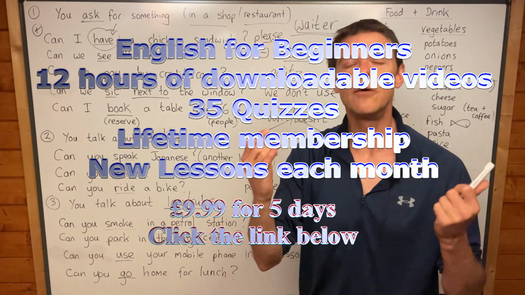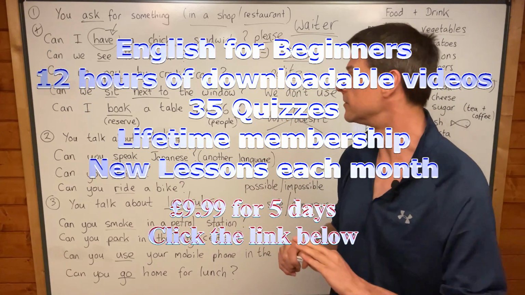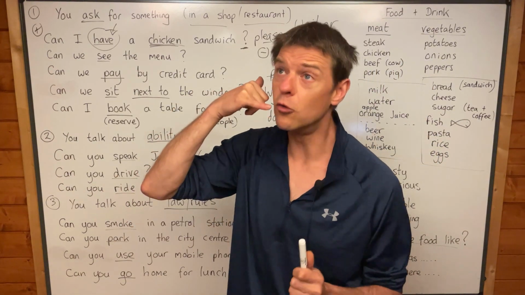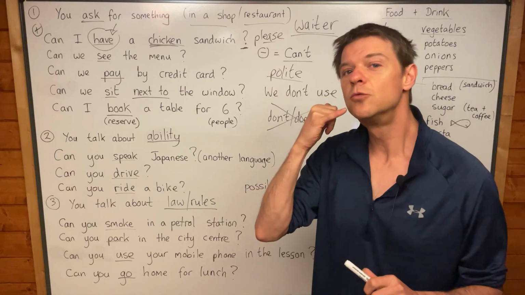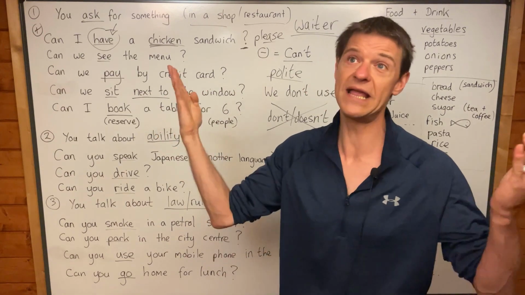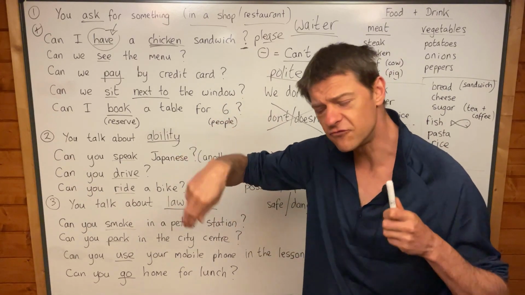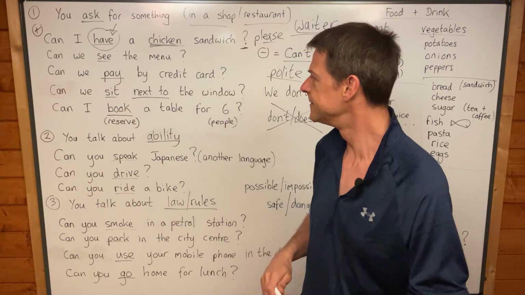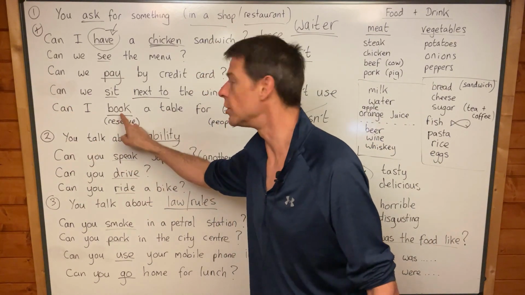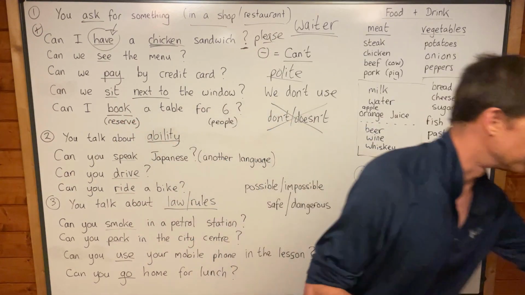Okay, now before you go to the restaurant, maybe you phone the restaurant, maybe you call the restaurant because you want to ask for a table for 4 people, or maybe a table for 6 people, or maybe a table for 2 people, maybe a romantic meal for 2 people. And you say on the phone, hello, can I book? Now, book here is a verb, not a noun.